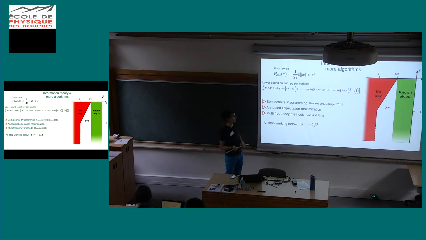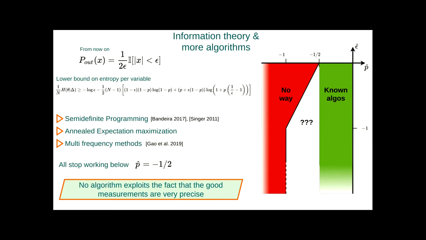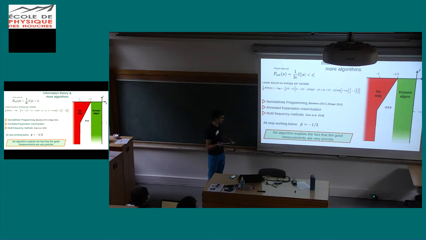There's this kind of gap, and we would like to see what's in there. So what's the problem with all these algorithms? They don't seem to exploit the fact that the good measurements are very precise. So remember, epsilon is n to the power of epsilon hat, and epsilon hat is less or equal than 0.